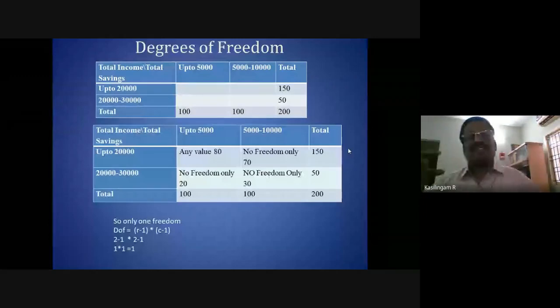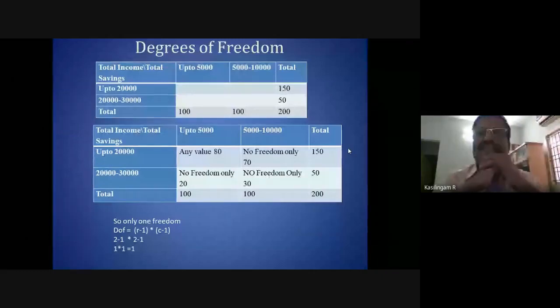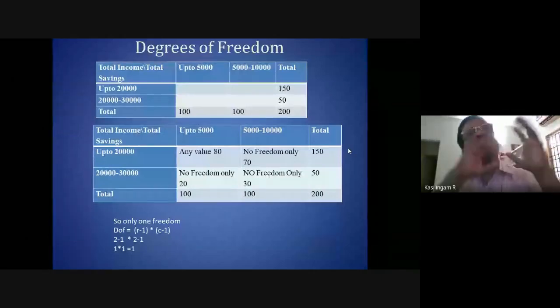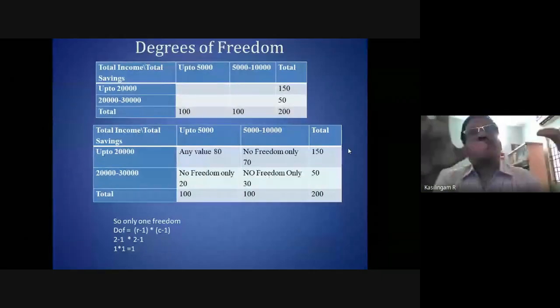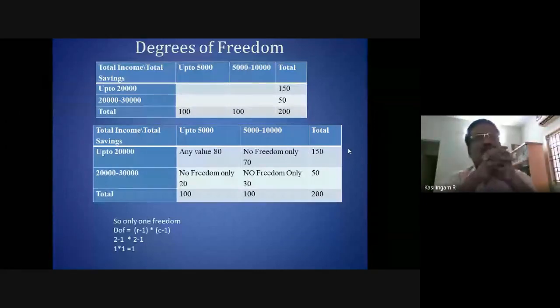This is one more. For example, in the assumptions they will tell you your sample size should be more than 50. Can you tell what is the reason? Why 50? Not exactly 50, but a minimum of 50 you need to have. Why?